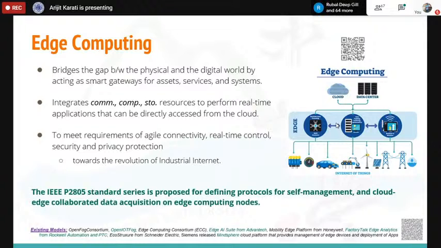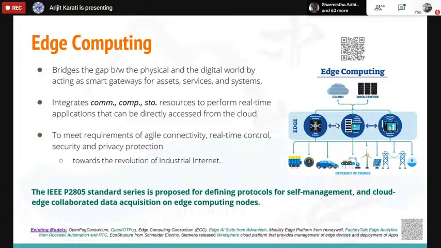But the thing is the data latency, which means how long it takes to get the data from the cloud. Edge computing as a technological advancement came into the picture and solved this problem: how to improve the data speed and how long I have to wait.